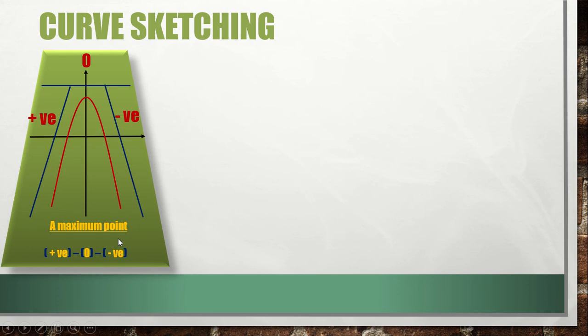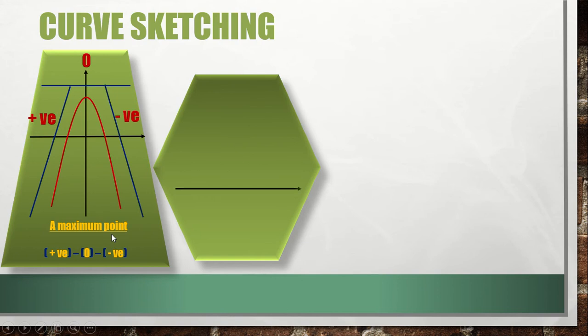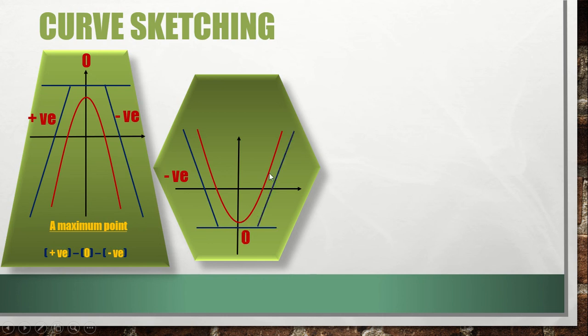Let's look at another type of point. Here we are going to have a minimum point. Now a minimum point is basically the inverse of a maximum point. It begins with a negative gradient as I move along this line, then a 0 gradient line at the turning point, then a positive gradient as it goes up. So it's something like a trough.